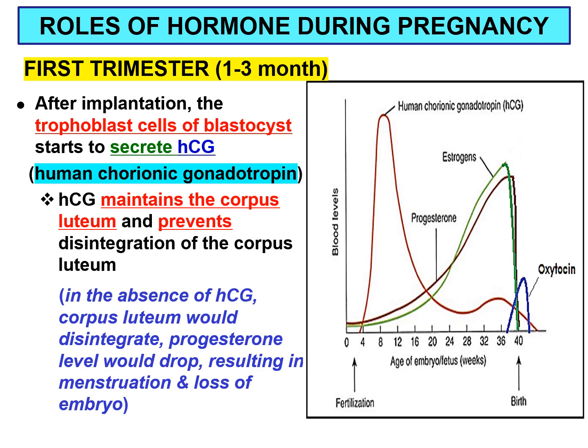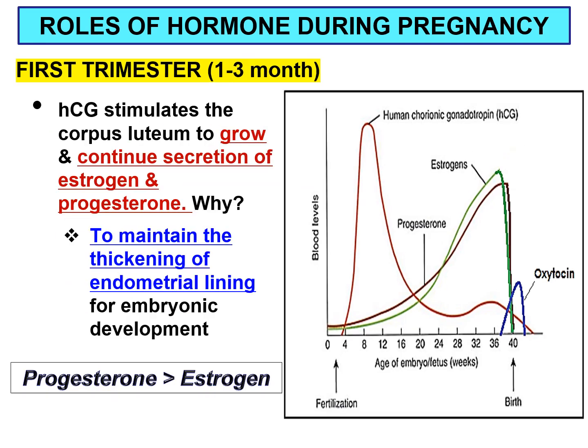So the corpus luteum structure is maintained by the concentration of HCG. As HCG increases, the corpus luteum will be strong or maintained in the ovary. Without HCG, corpus luteum will disintegrate. Thus, progesterone level will drop and result in menstruation or loss of the embryo.